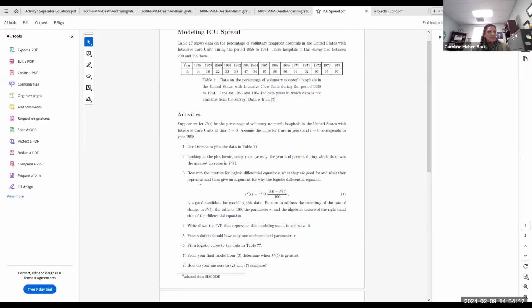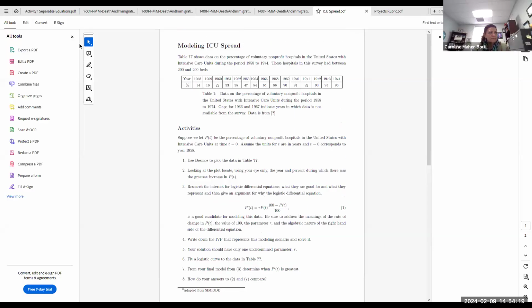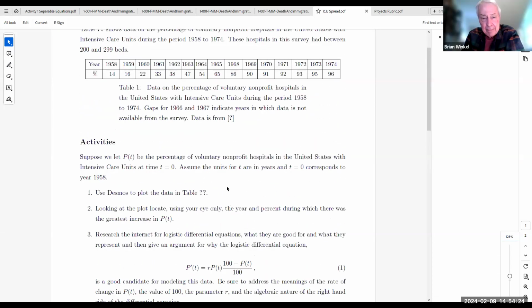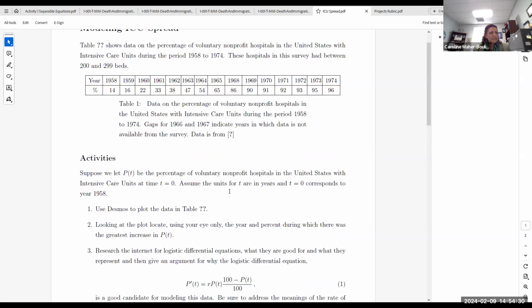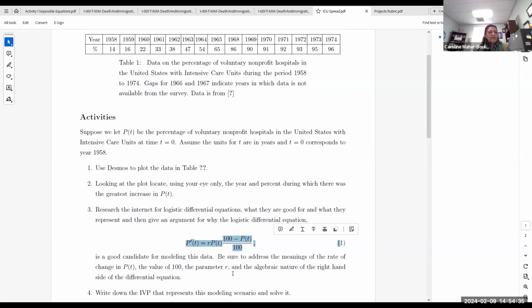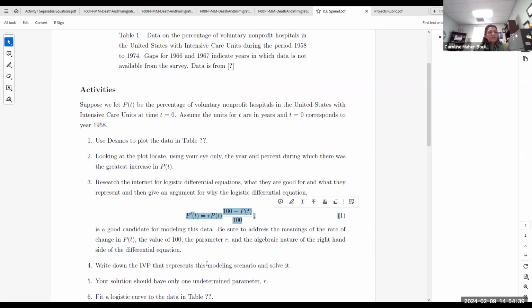Yes, so I actually give them this. Here's that project, can you all see my screen? Yes. Okay, so here's that project, and they're given this data set, and then I give them the model down here and ask them to interpret what the parameters are, and then write it as an initial value problem.